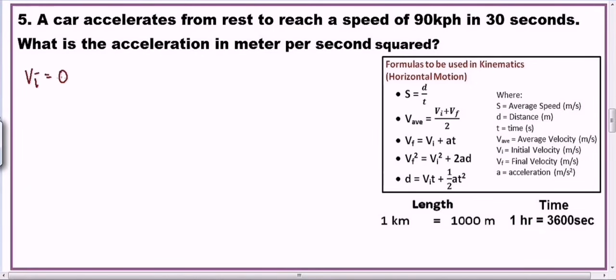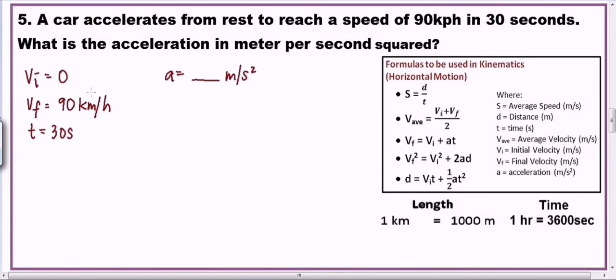So, ang VF natin is, guys, huwag kayo malito dito, sa 90 kilometers per hour. In 30 seconds. What is the acceleration? So, ang hinahanap, acceleration in meter per second squared. So, ang gusto niyang sagot is meter per second squared.